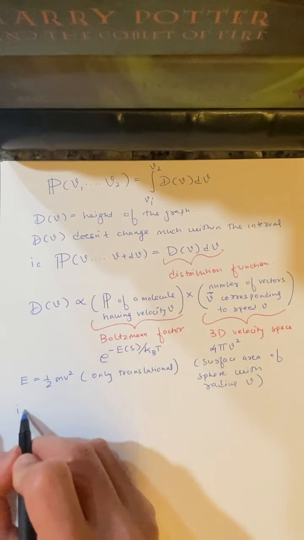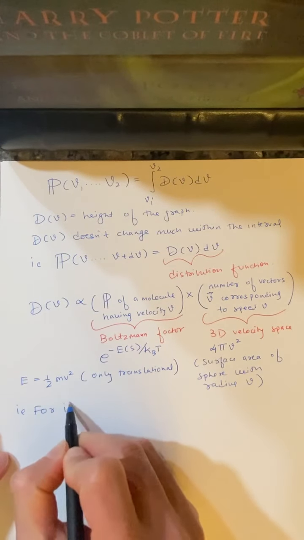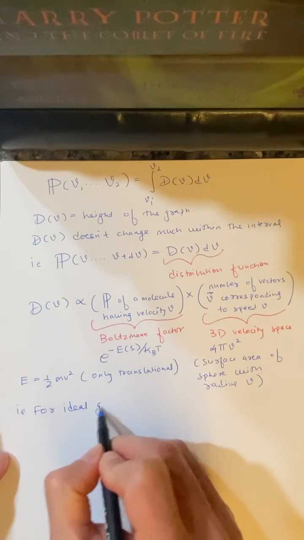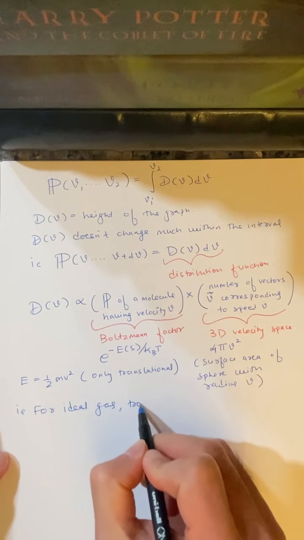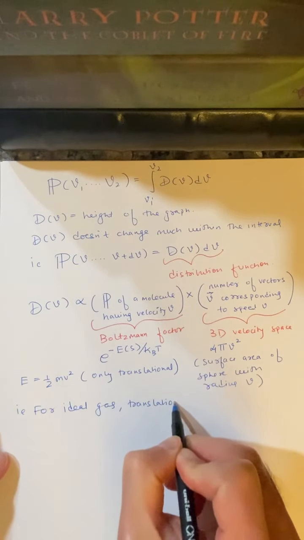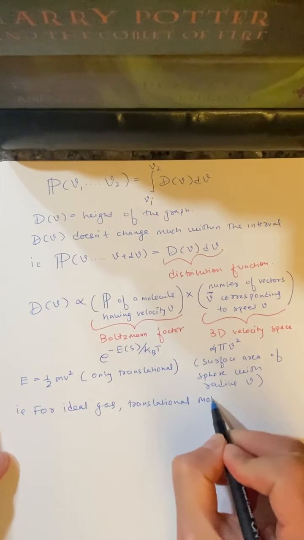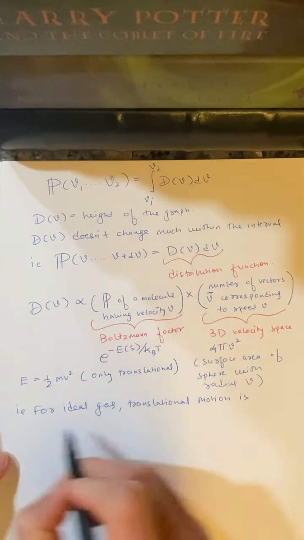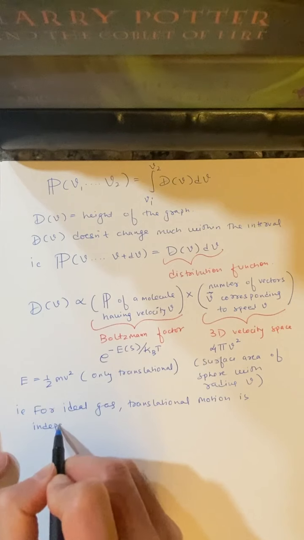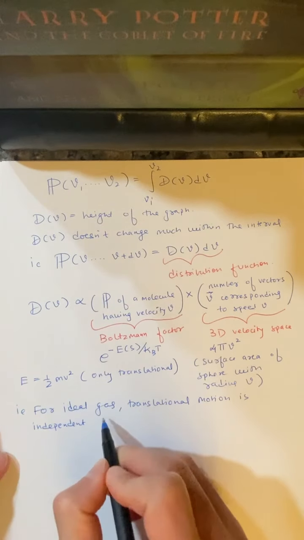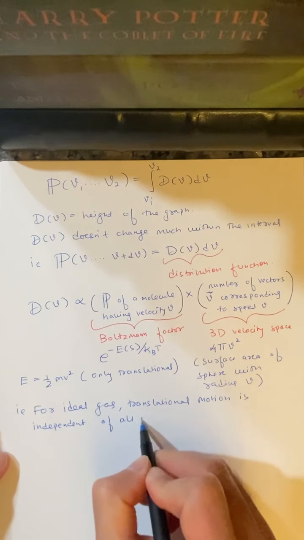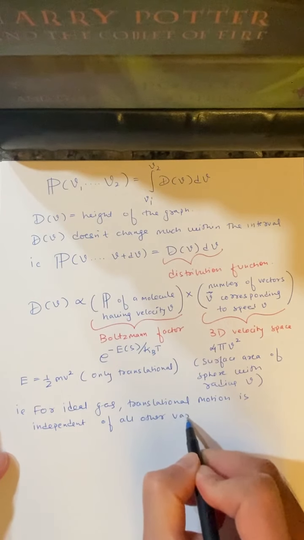Why? For an ideal gas, translational motion is independent of all other variables.